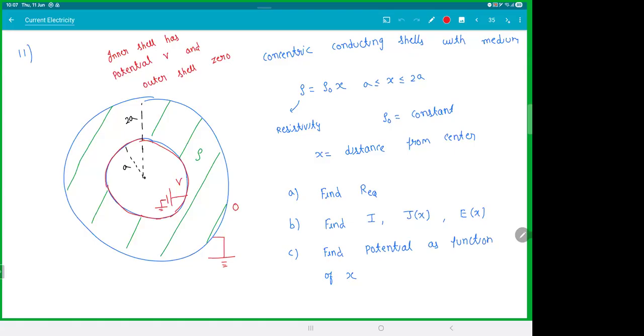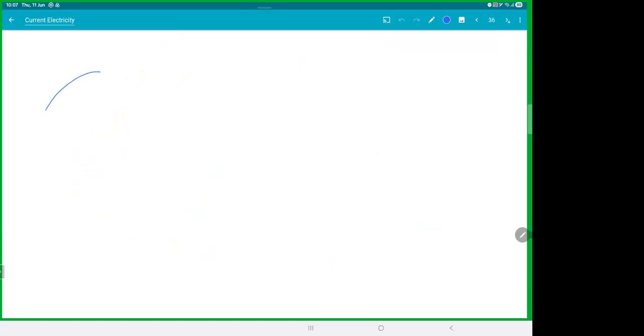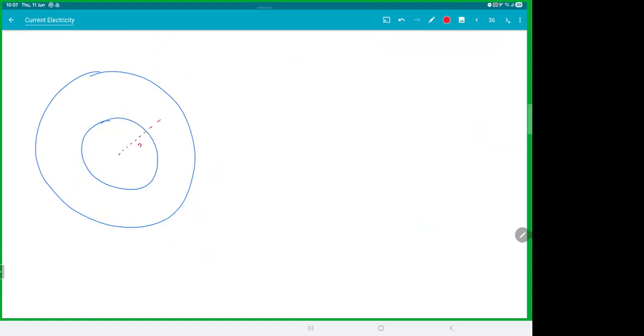Let's see. So at a distance x, take a thin shell of thickness dx. So for this thin shell, how is the current flowing?